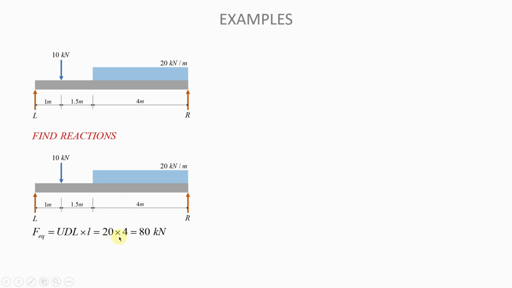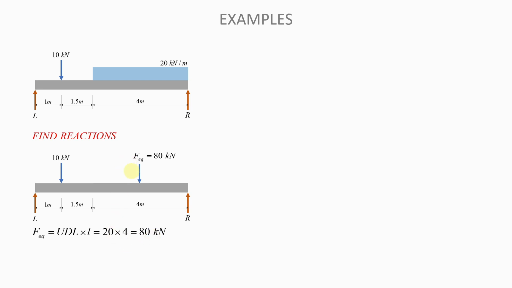You will have 20 times 4, which gives the force equivalent to that UDL, and that force is 80 kilonewtons. Now you need to replace the UDL by that force. So we remove the UDL and we place that force of 80 kilonewtons.